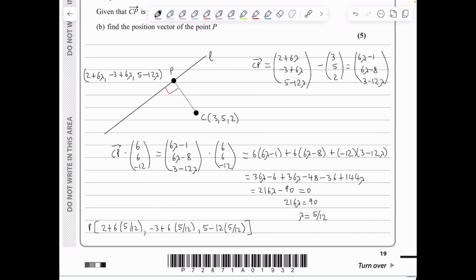This will give me the coordinates of P. The question is asking for the position vector of the point P, so I need to give my answer in the ijk form, and therefore we conclude that OP is equal to 9/2 i - 1/2 j + 0k, and this is the position vector of point P.